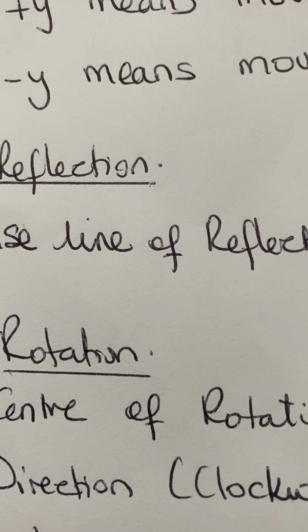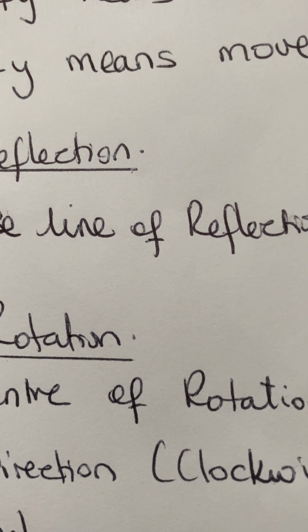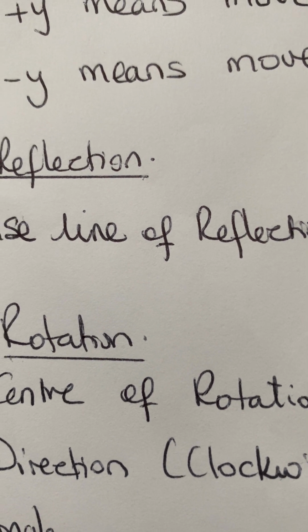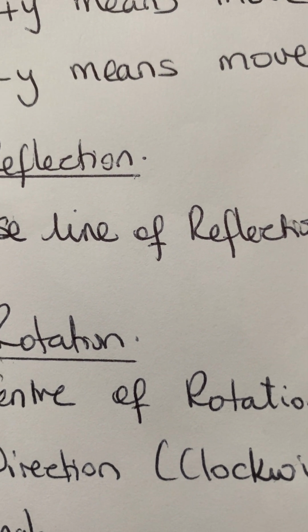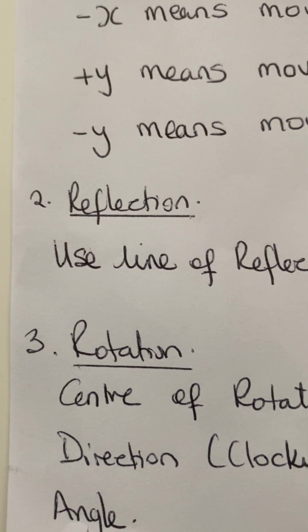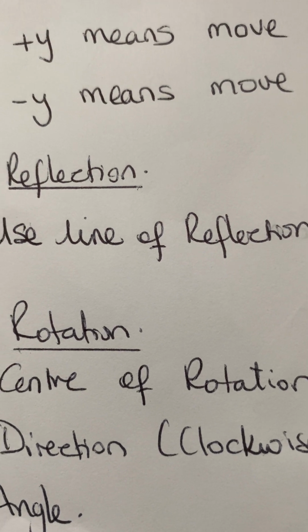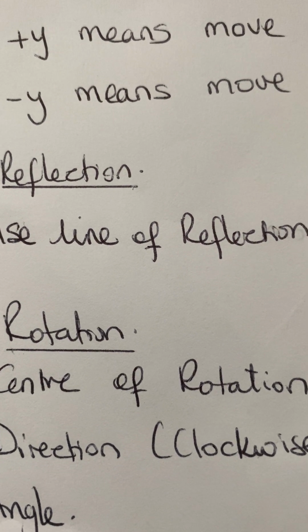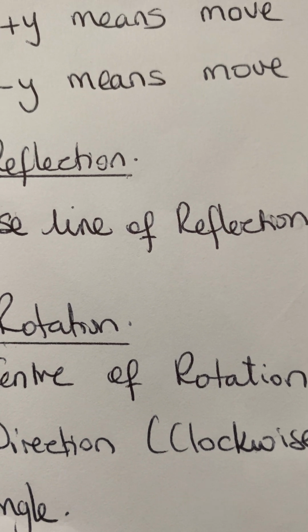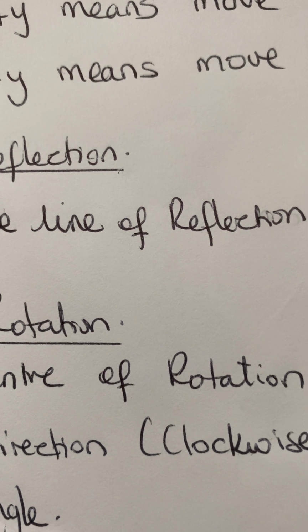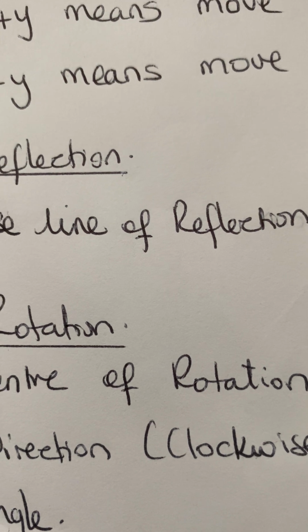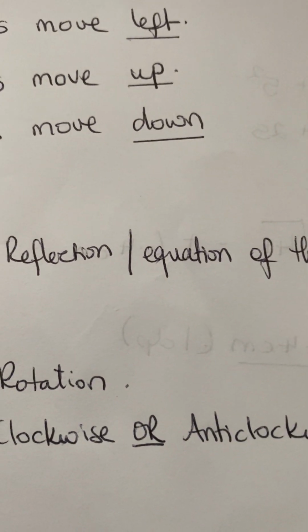They can give us y equals 0, x equals 0, y equals x, y equals 1, x equals -3. These are all lines of reflection that they will give us, and they will give us coordinates to plot, and then they'll ask us to reflect it on that line. Okay, we've done a video on that. Please go back and watch if you don't understand.